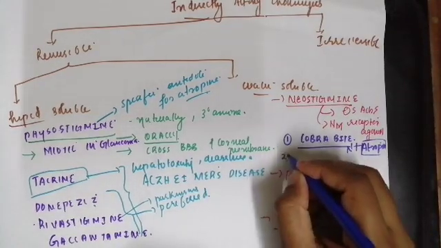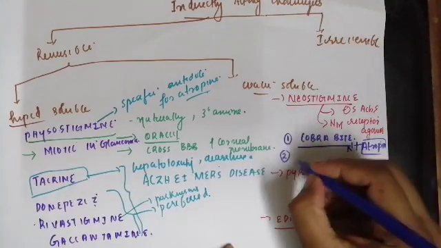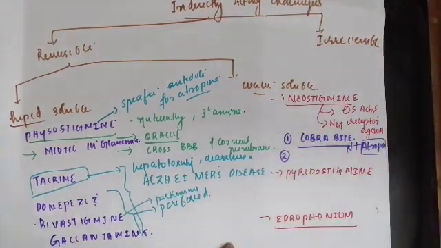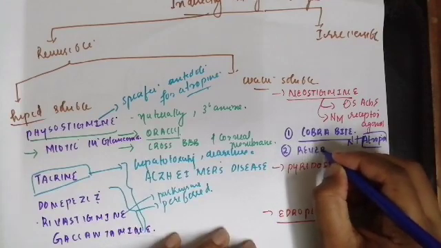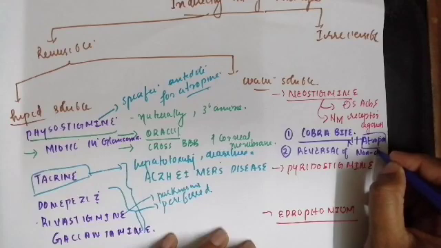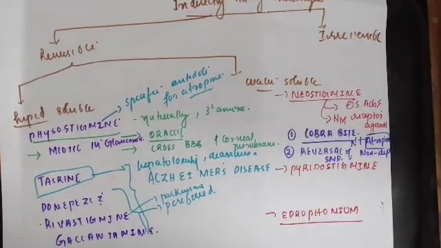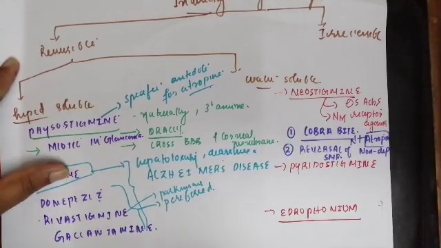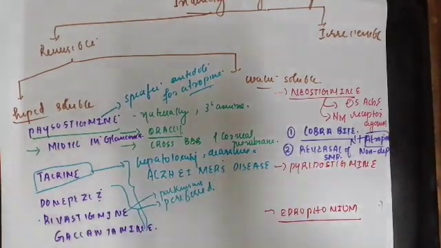So which is the other use of neostigmine? Because of its NM receptor activity, it can be used for the reversal of non-depolarizing skeletal muscle relaxants. After the usage of non-depolarizing skeletal muscle relaxants, to reverse their effect, we can use neostigmine.